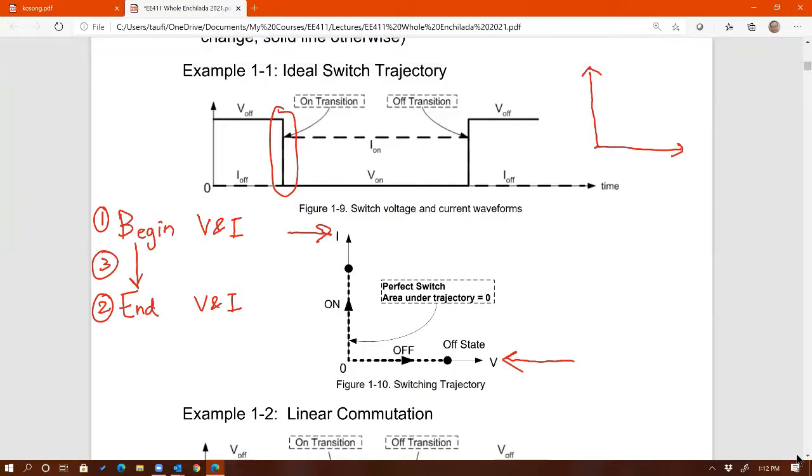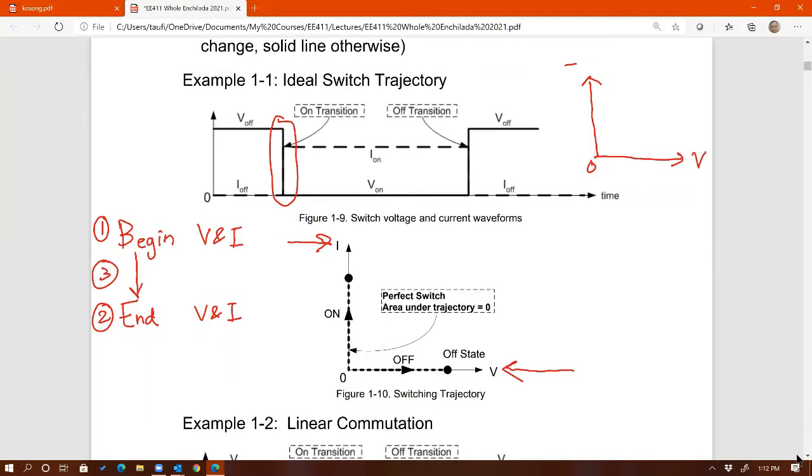Okay, where does this begin? Well, I know that this is V, this is I. The transition begins before I turn the switch on. So static condition number one, static condition number two. Let's say A, static B. So A is the beginning of the transition, before you turn on the switch.